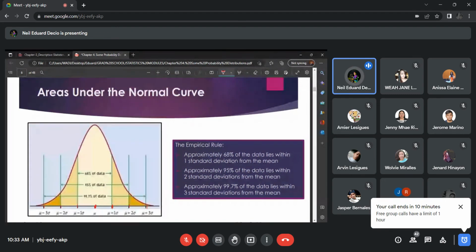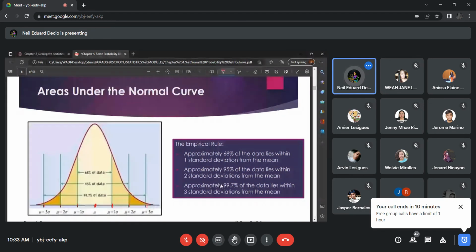So if you notice here, from the left at -3 to the right at +3, we only have 99.7%. Because actually, we still have outliers, no?